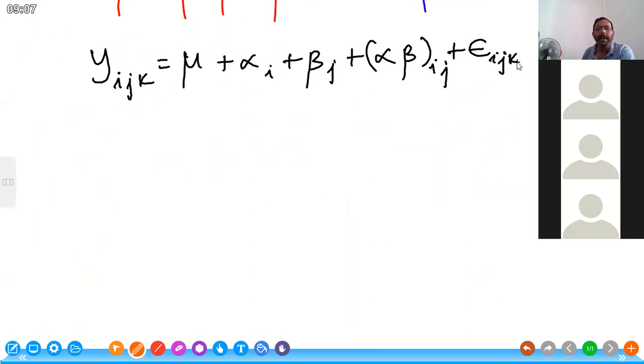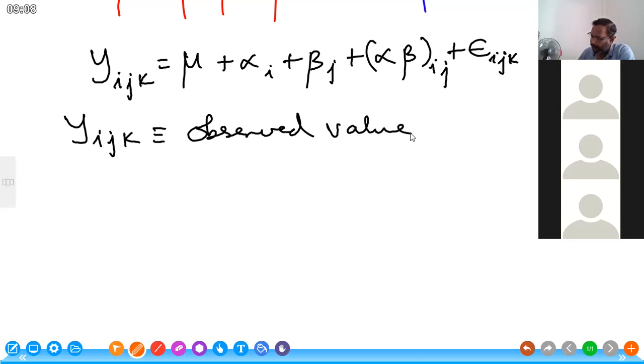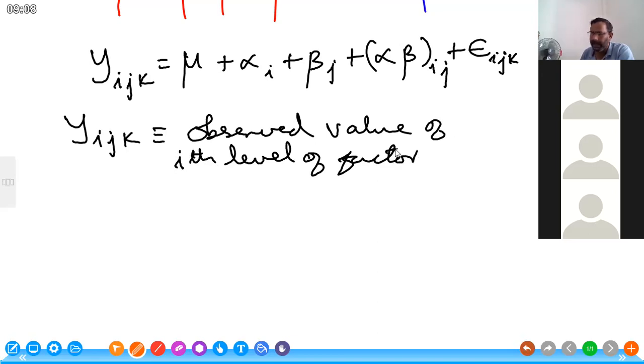So this is what I have already given. So Yijk, how can we write? Observed value of the ith level of factor. I is referring to which factor, factor A or factor B?